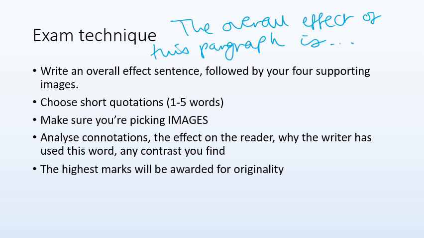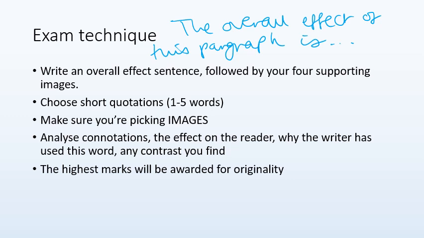Just quickly tell the examiner what that overall effect is to show that you've understood and comprehended that paragraph. Also, as you'll see later on in the mark scheme, the examiner is given a general overall effect. So if you can identify that to begin with, you're getting off to a very good start on your question.